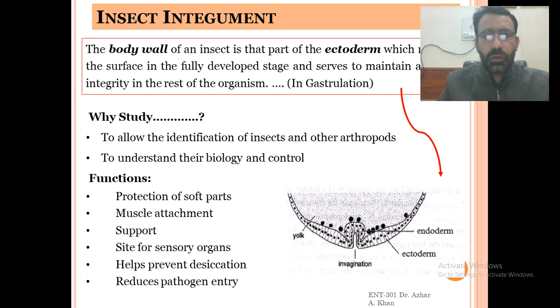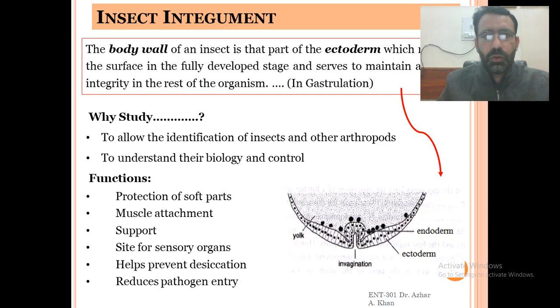So as we have already talked about, the body wall or integument is actually the remaining part of the ectoderm, which remains at the surface in the fully developed stage and serves to maintain anatomical integrity in the insect.